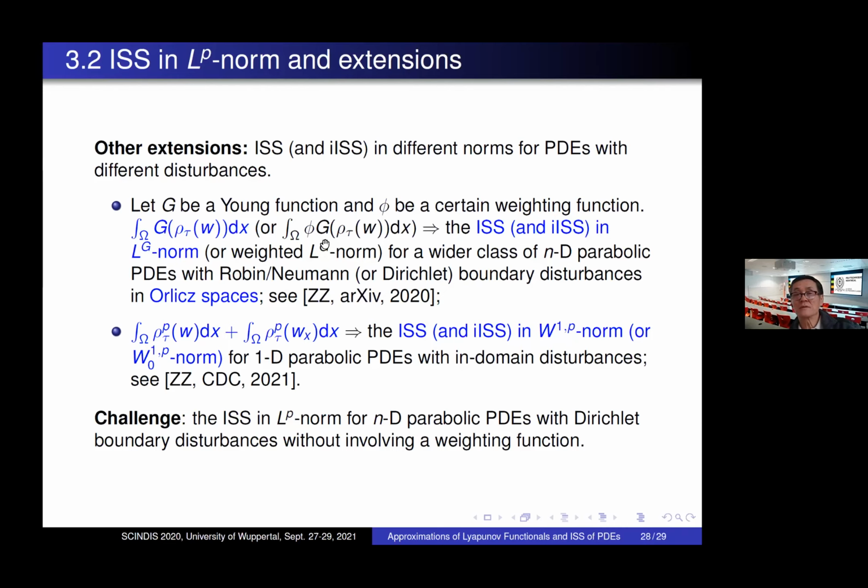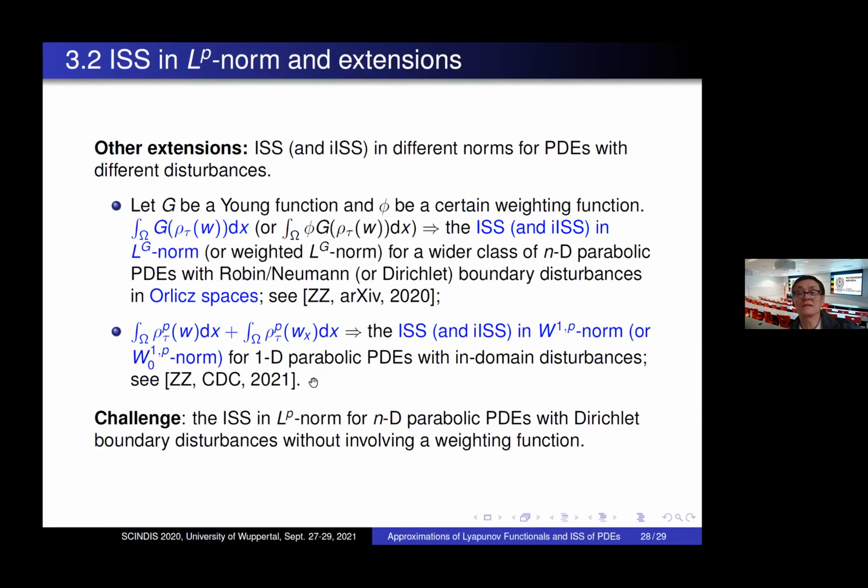If we use the weighted function of this form, we can establish the ISS in weighted L^G norm for systems with Dirichlet boundary conditions. This is the result reported in the preprint we put on arXiv.